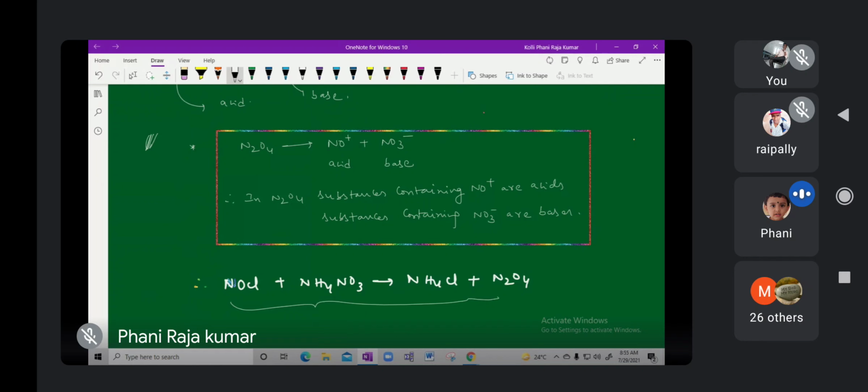One type of neutralization reaction in N2O4.